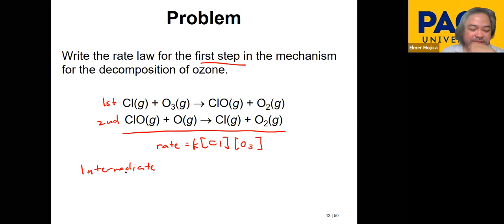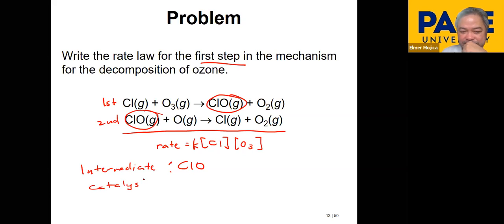Do we have an intermediate here? The answer is yes, this one, right? Do we have a catalyst here? The answer is yes, this one. It was there, it was used up, and then it was produced. So that is your catalyst.